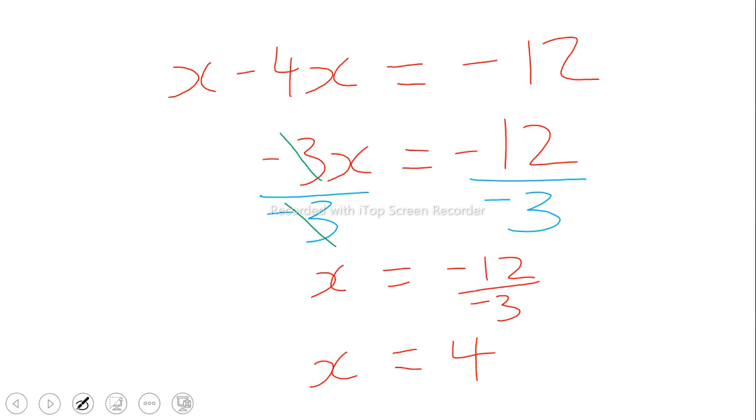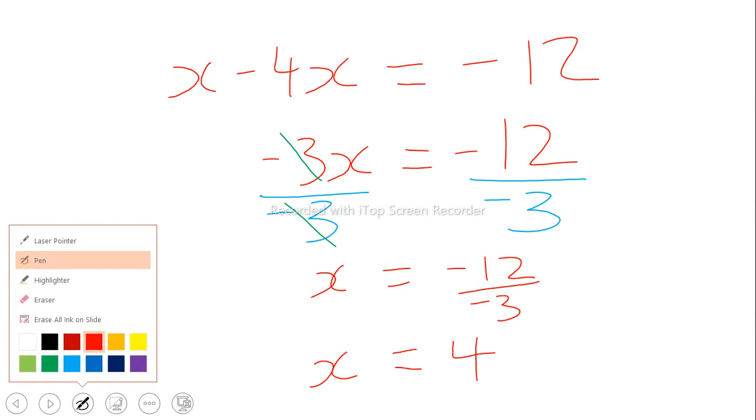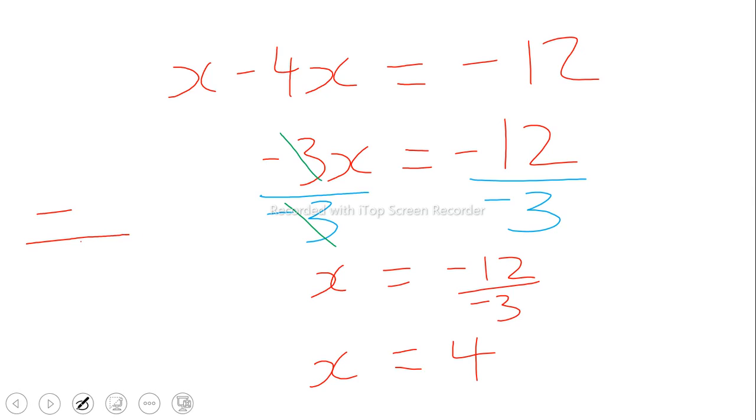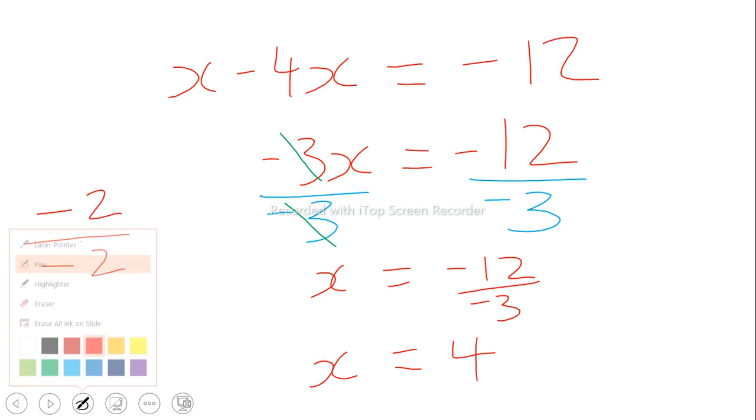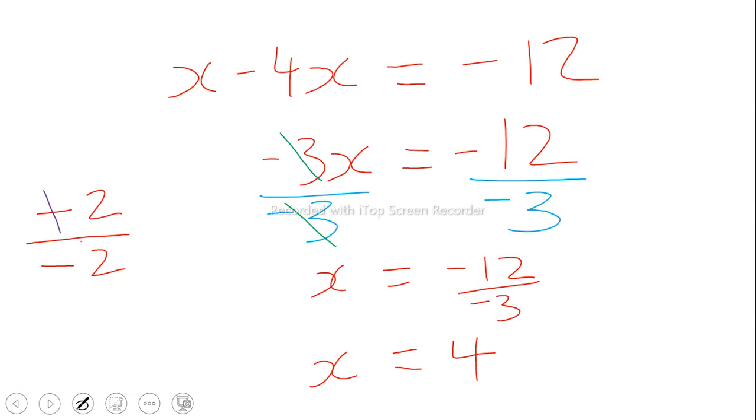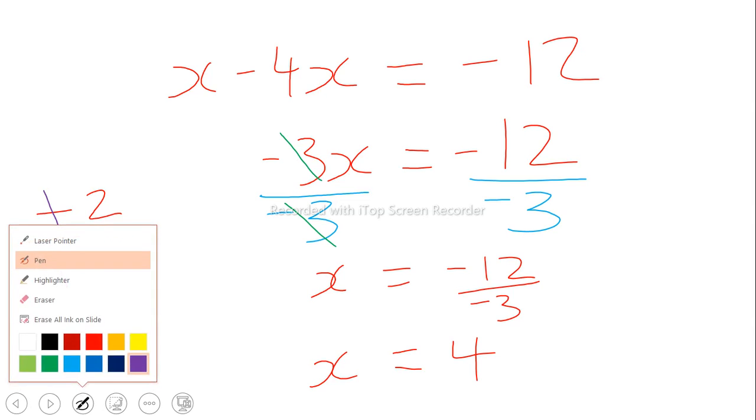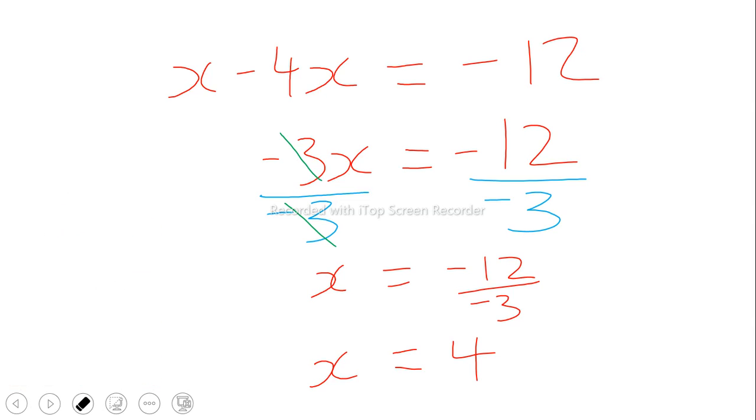For example, if we have negative 2 divided by negative 2, the negatives are going to cancel each other, so it ends up being positive. Same thing with negative 3 divided by negative 3.